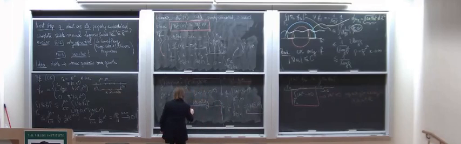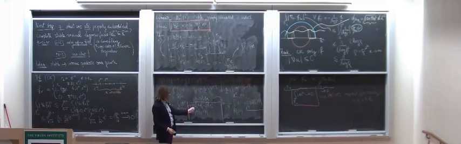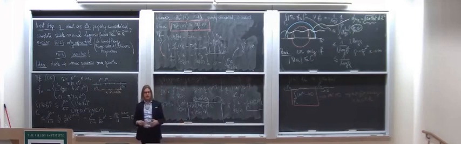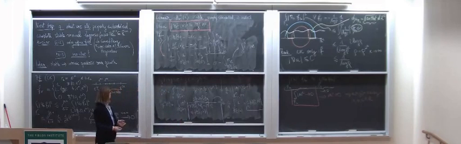I get 4 times the measure of the ball minus 4 pi r0 square is less or equal than 1 times the measure of the ball. So now I rearrange, I get 3 times the measure of the ball less or equal than 4 pi r0 square, okay, which is what I wanted to prove.